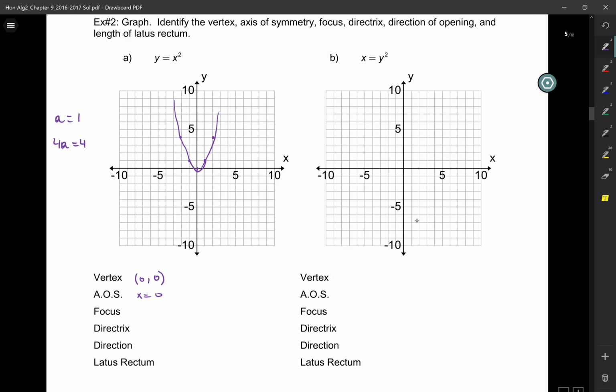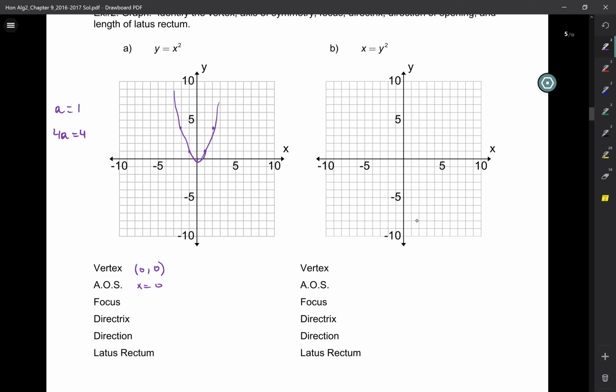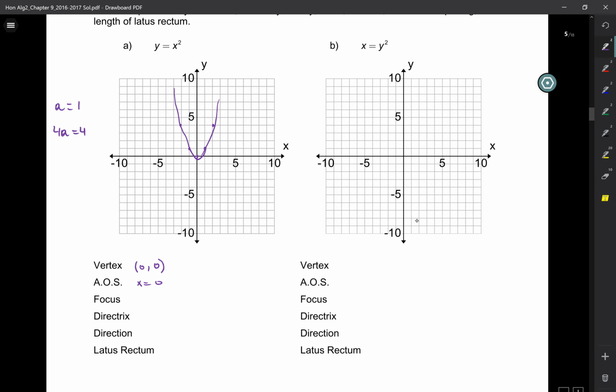Okay? Now, the focus, remember for the focus, I'm going to go up, right? So it's going to be 0, comma, 1. No, not 1. 1 over 4. Right?